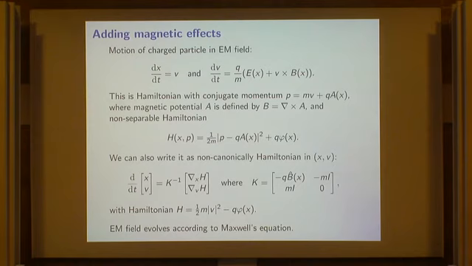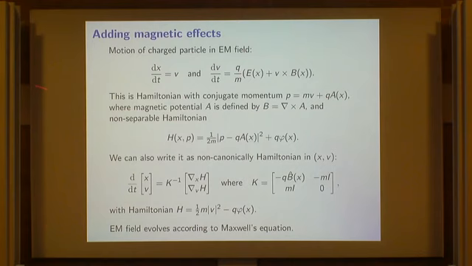And this B hat, we already saw before. If you write this term, V cross B, as a linear map, this is the matrix of the map.